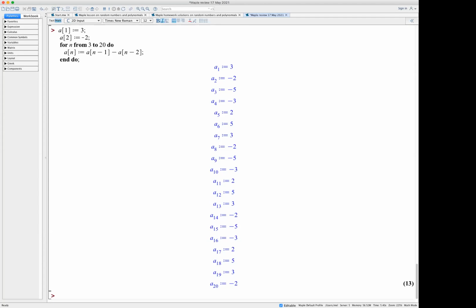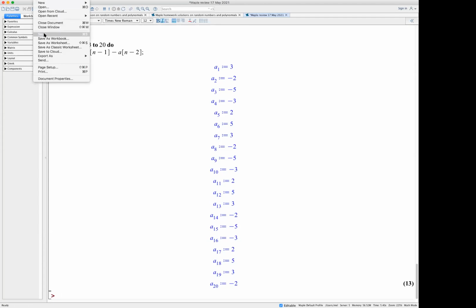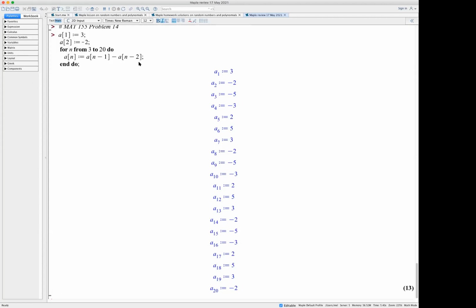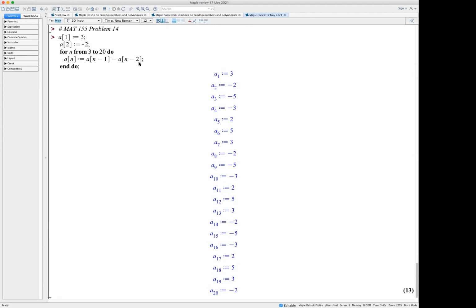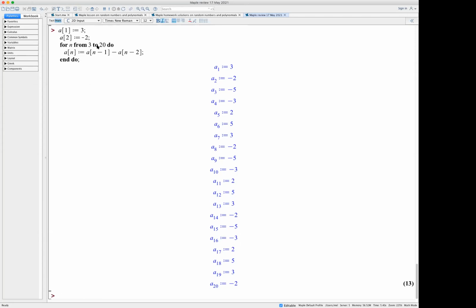Professor, how exactly did you get that arrow to appear before the command? Sorry, how did I get what? That red arrow to appear before the command, a bracket. You go to this command bar at the top, and this symbol. Do you see where the cursor is pointed?